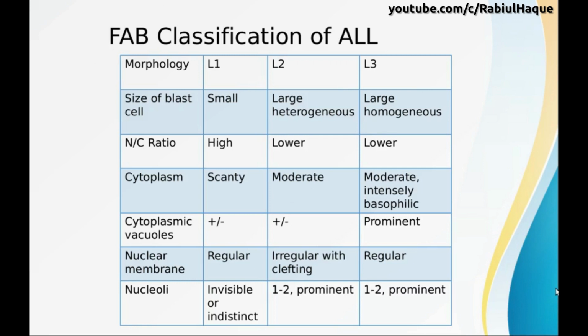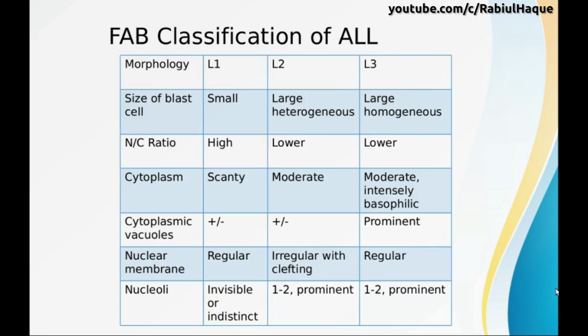Also note that in L2, the blast cells are large but heterogeneous, and in L3, they are also large but homogeneous. Regarding the nucleus cytoplasm ratio, it is high in L1, however, it is comparatively lower in L2 and L3.